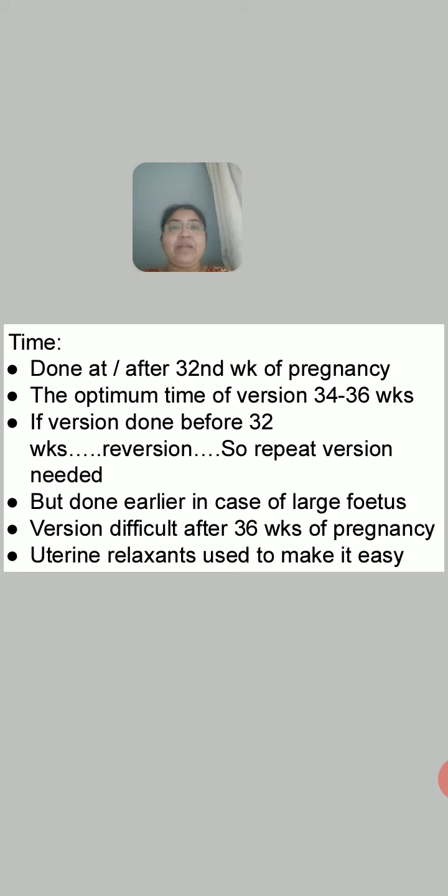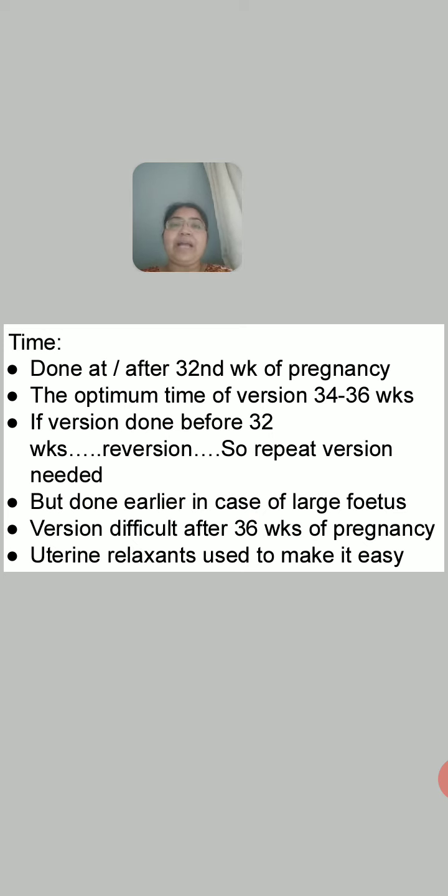Then version becomes difficult because the fetus becomes even larger. And for turning of the fetal body, there should be space in the cavity. Here the large fetus itself occupies the major space of the cavity. So if you wait for more than 32 weeks, it is quite difficult to have version in the later phase of pregnancy. So in such a case, version may be done before 32 weeks.